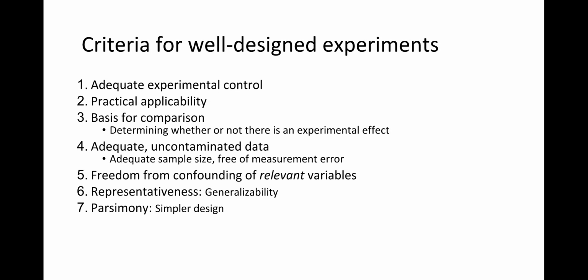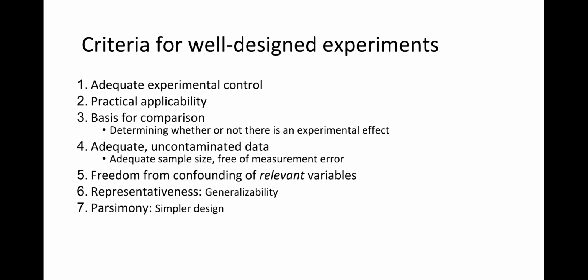Criteria for well-designed experiments. Number one, adequate experimental control, right? So your experimental control, random assignment should be adequate, as should sample size and other issues. Number of levels should be reasonable, right? And practical applicability. We will talk about adequacy of experimental control later, but practical applicability is also very big.